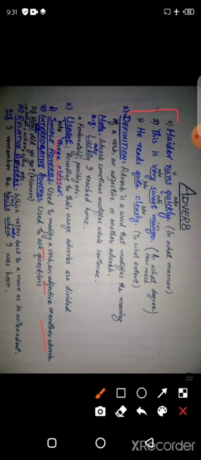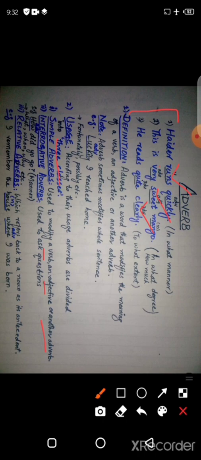So here we saw that it modified a verb, it modified an adjective, and it also modified another adverb. These were very clear in the beginning. We already discussed these.